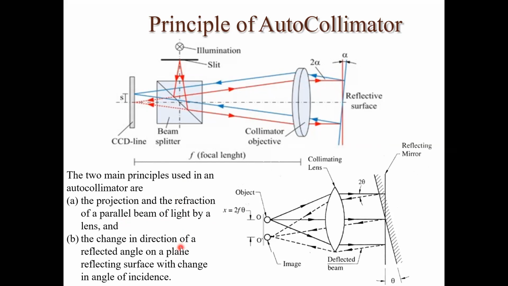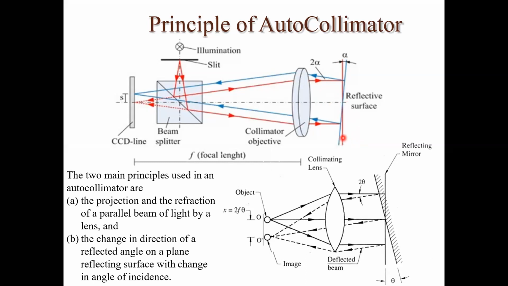And the second one is, here the reflective surface is there. Reflective surface means you can assume it as a slip gauge, the flat surface of the slip gauge.